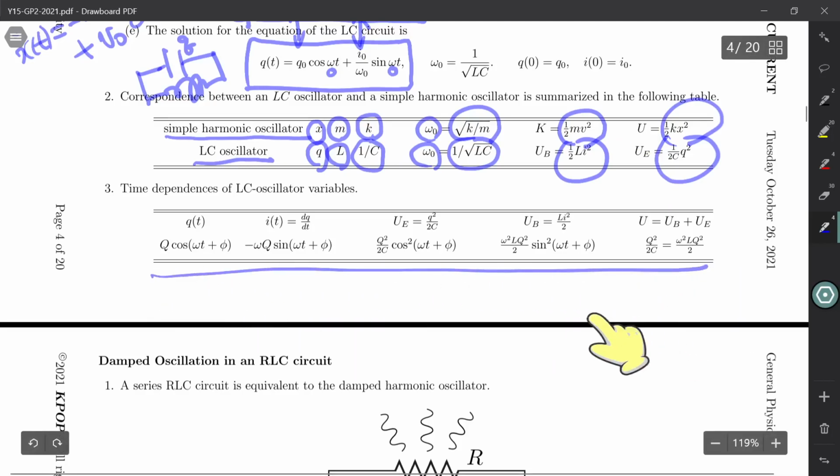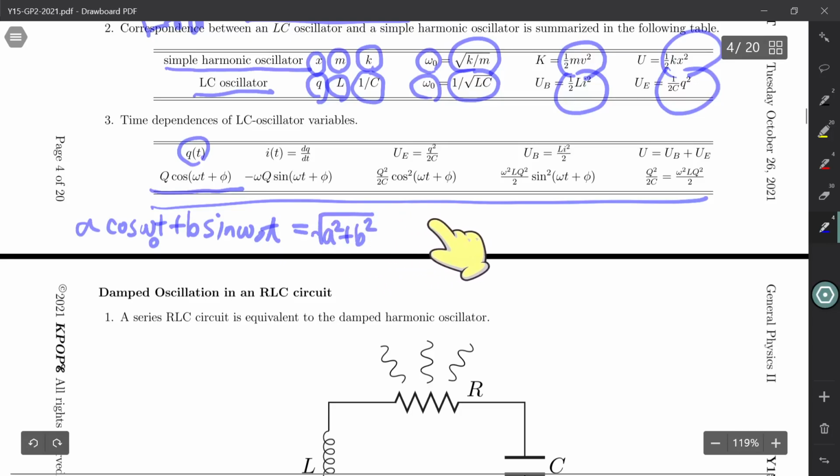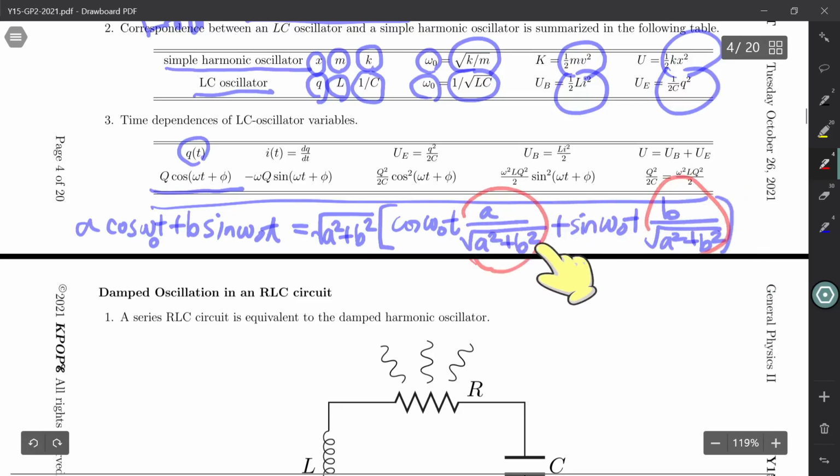This is related to the solution. In case we have charge Q of the form, for example, A cosine omega 0 t plus B sine omega 0 t, then it can be expressed as, and we can say this is this one and this one squared.